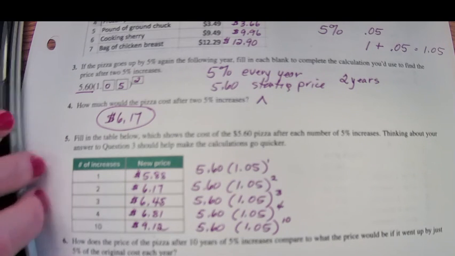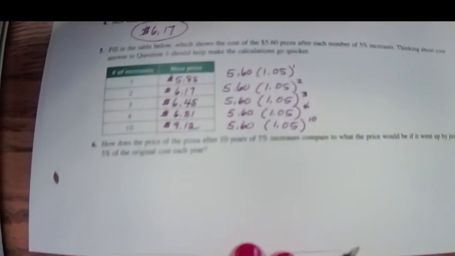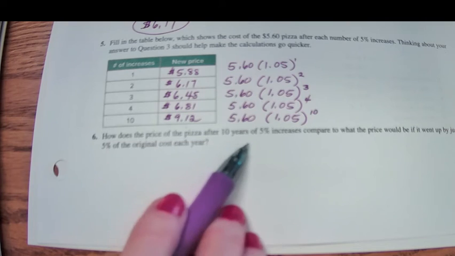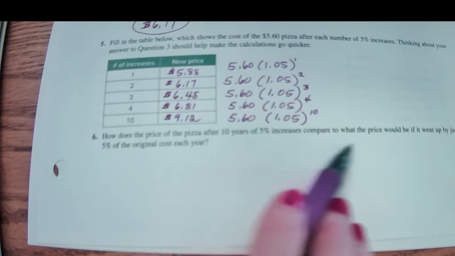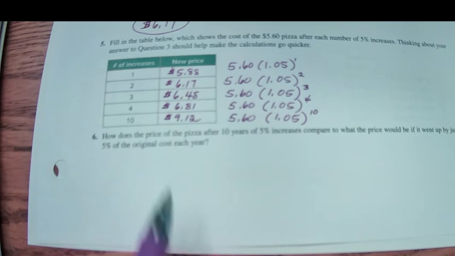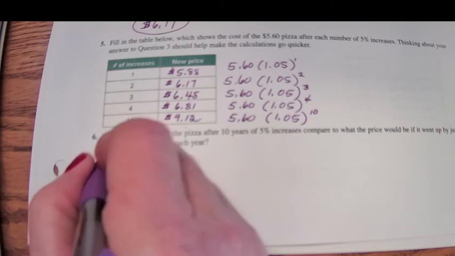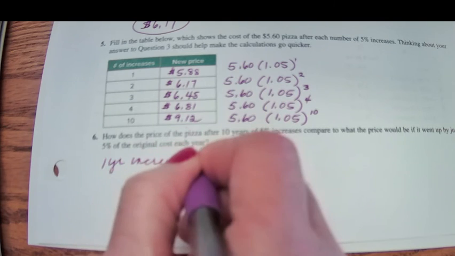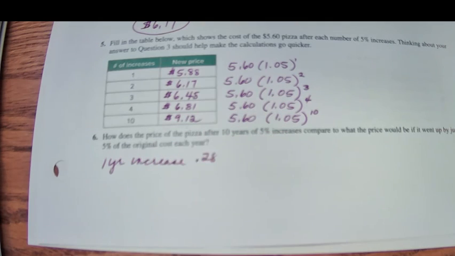And for question 6, they want us to look at how the price of pizza after 10 years of a 5% increase compares to what the price would be if it went up by just 5% of the original cost. All right, so what this is asking is, my 1 year increase was 28 cents.